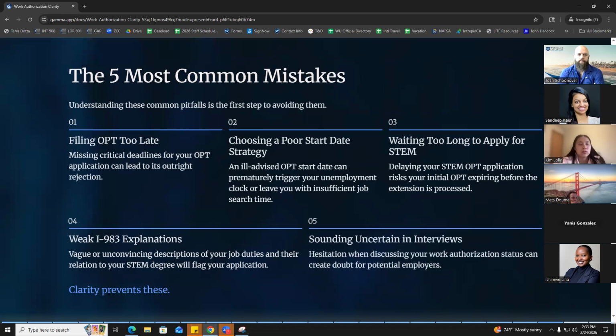When it comes to the most common OPT application mistakes that I see, filing too late is number one. It also drives me crazy because it's the most preventable, both in terms of applying after the end of your grace period or applying more than 30 days after the I-20 is issued.